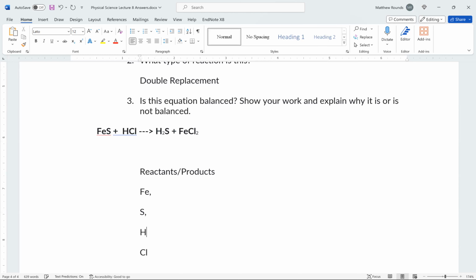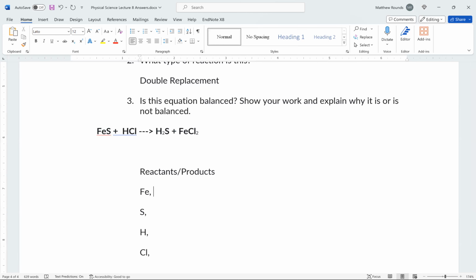I want you to tell me how many Fe's there are before and after, please. Or reactants and products, so the left side and then the right side. I've got to go search up their names again, right? No, no, no. You just have to see how many are on the left, how many are on the right.